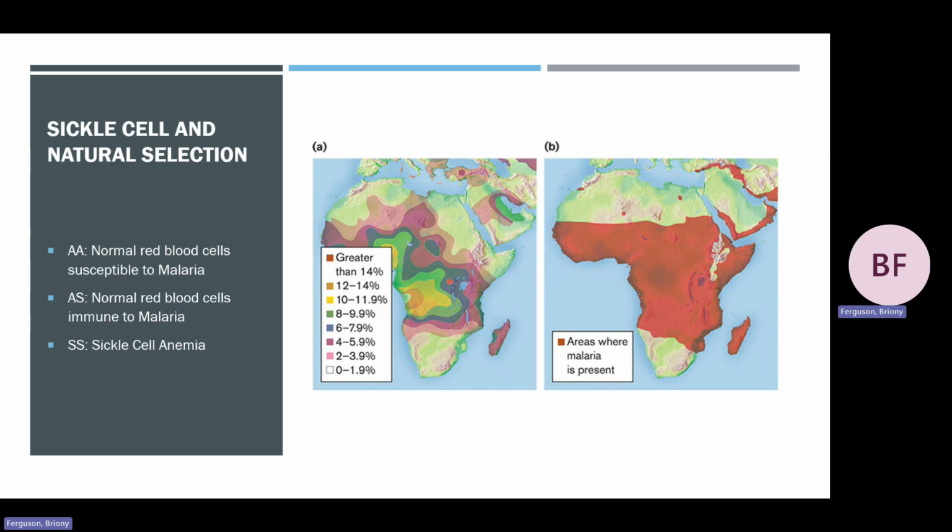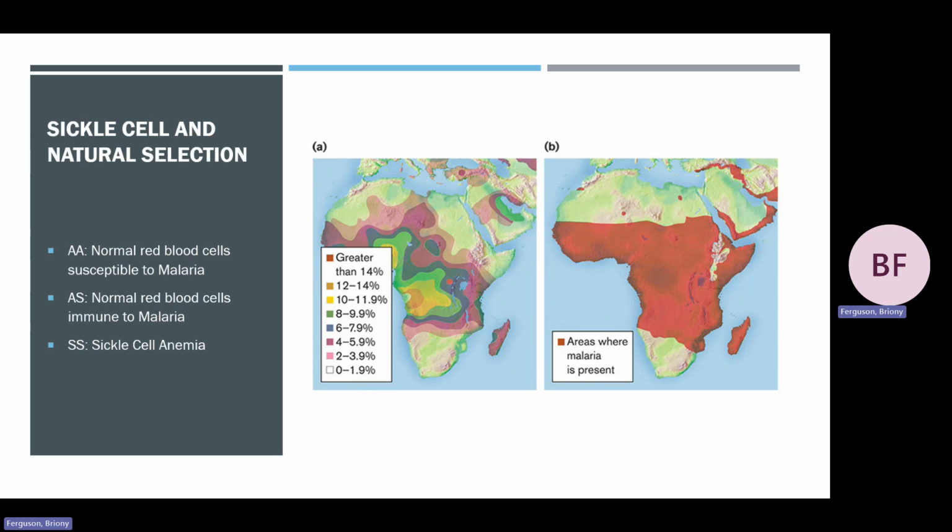Malaria is a disease that is spread by mosquitoes. People that ended up contracting malaria, not so much now because we have treatments for it, were going to die earlier, which obviously reduces their ability to reproduce.